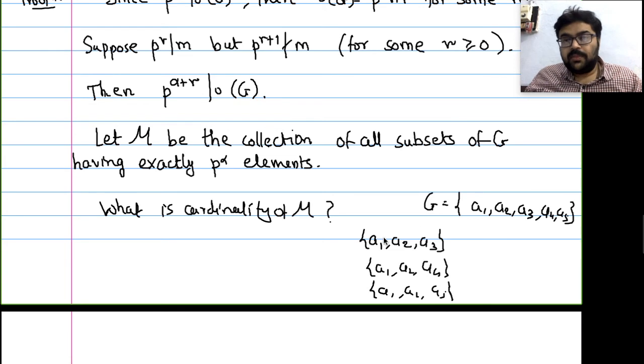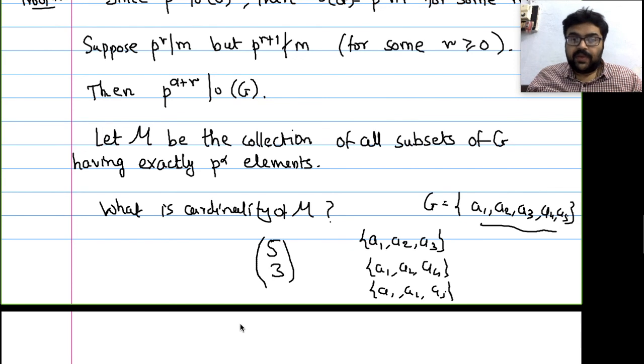How many such subsets can I form? There are 5 elements, and I choose 3. So we know this is 5 choose 3. 5C3 is 5 factorial over 3 factorial times 2 factorial.